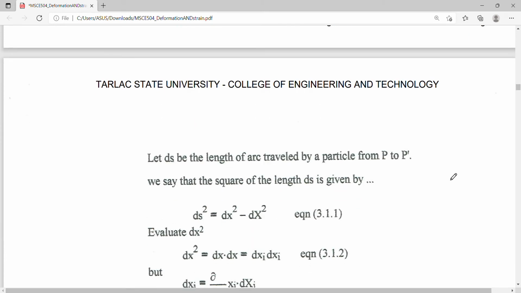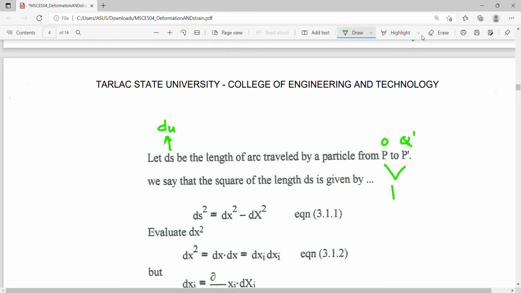So let us now define the length of the arc ds, which is the same as the differential du a while ago, to be the length of arc traveled, again, this is from particle O to Q prime. Okay, this refers to particle S. So ds is du, while this s is equal to u.